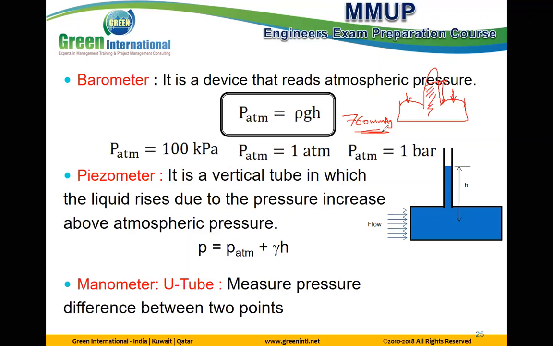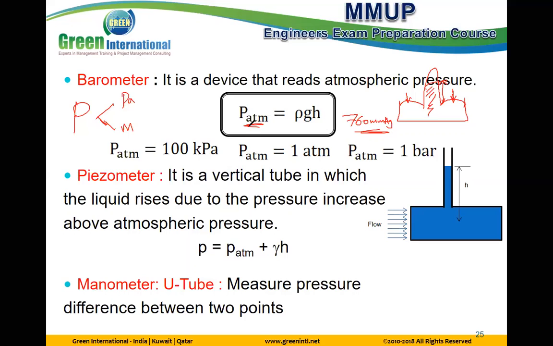Be careful for this note, please. We can mention pressure in two ways: with the unit of pressure itself, Pascal or equivalent, or we can represent this pressure by meters, by unit of head.